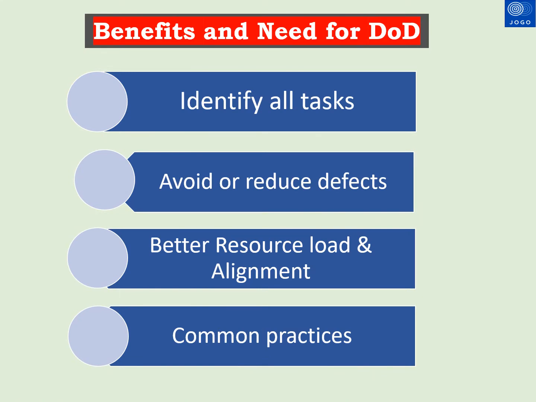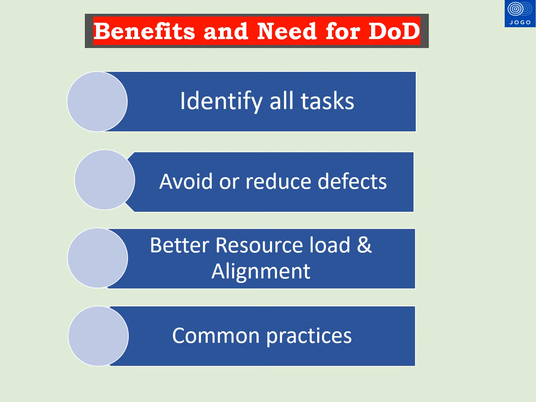Now we can see the benefits of DoD and what is the need for DoD in agile teams. Sometimes the team members forget to plan the efforts needed for the reviews, documentations, etc. DoD helps the Scrum team to identify all the tasks needed to complete the project successfully.